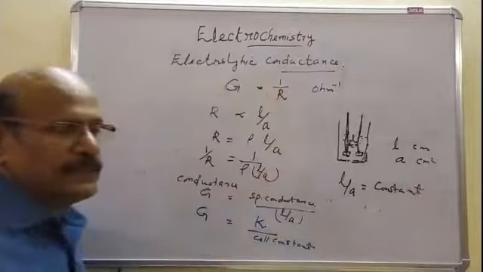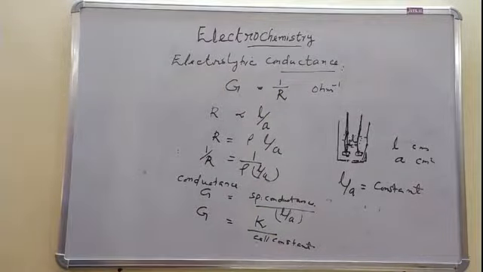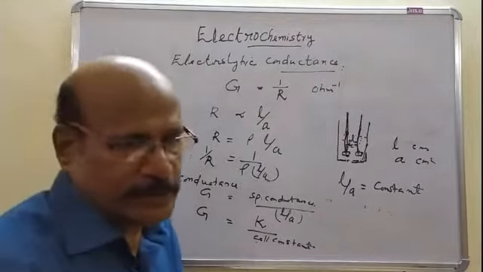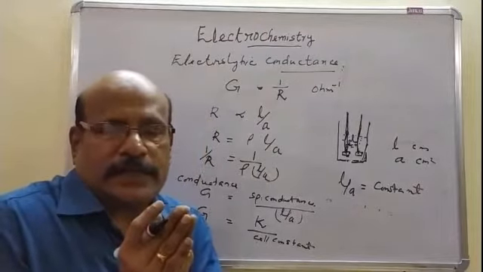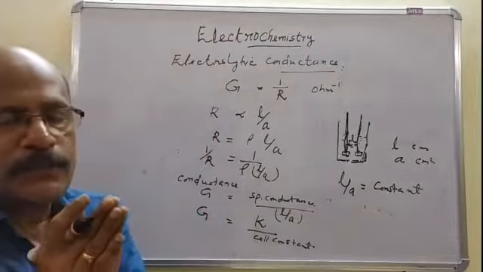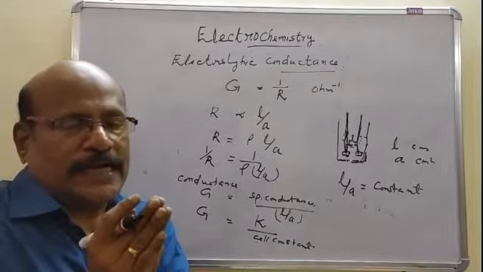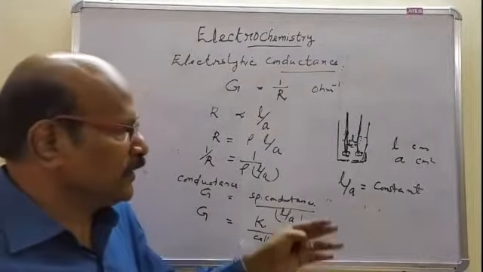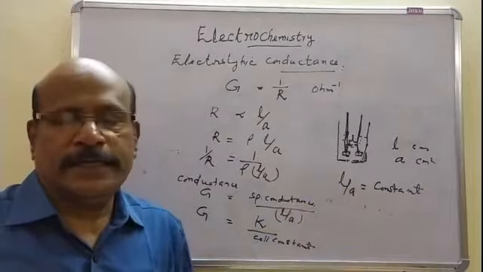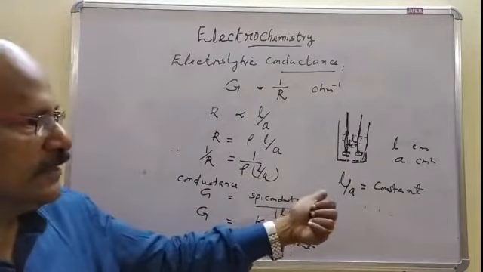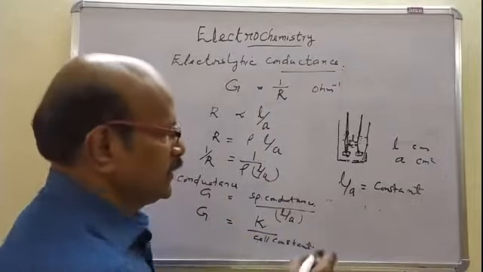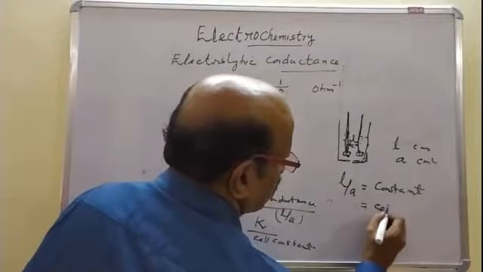For a given conductance measurement using a given electrode assembly, you have to understand and follow that concept. The length L and the cross-sectional area A of the column are already fixed, so L by A is a constant. That constant is called the cell constant.